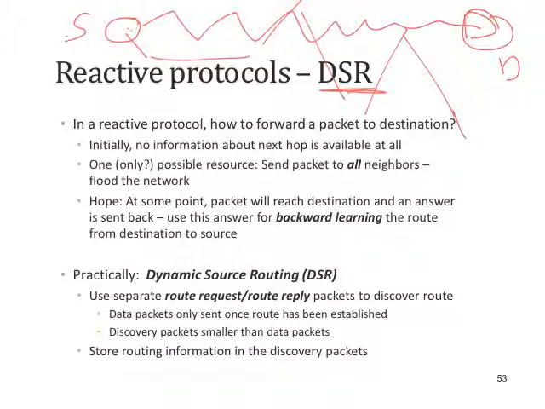If the session is long, you send a few packets, and then after some time the nodes move. So whatever you have established in the past has become very bad after some time.